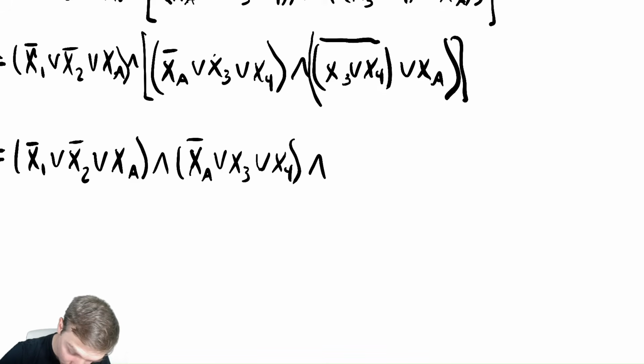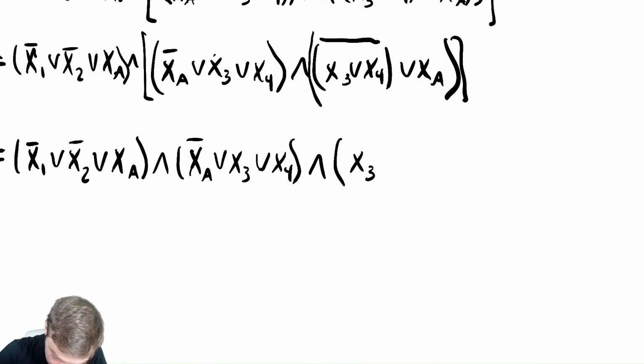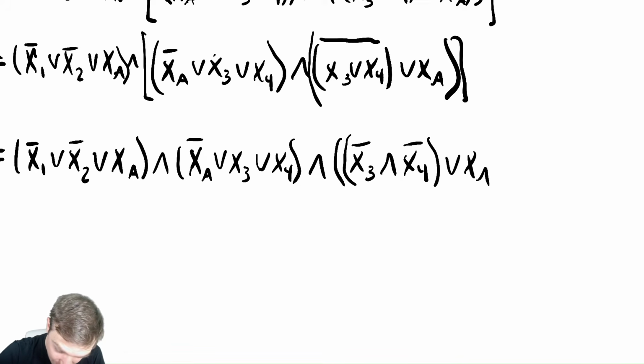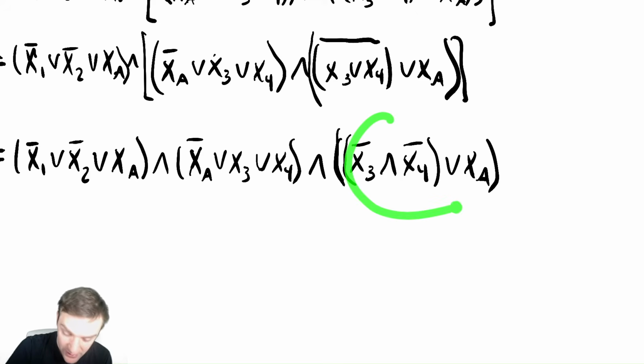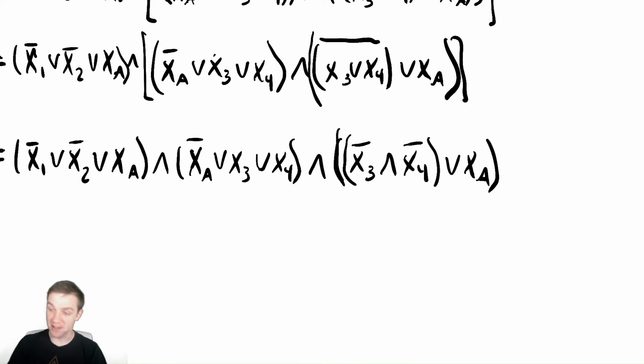And for this last expression, we have x3 or x4 I can rewrite as x3 and x4, both of them negated, or xa. And now the only problem that's left is this last term here. And if you remember your distributive laws, we can make some progress here.